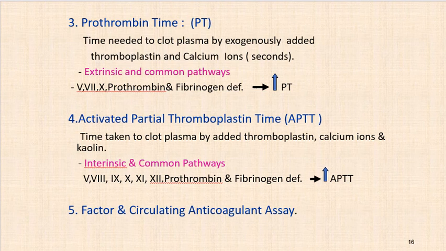We stop clotting of blood, and then we spin this blood in the test tube, and in this way the red cells and the others settle down in the bottom, and over it the supernatant is a fluid which we call plasma. The coagulation tests are done on this plasma, and the time needed to clot this plasma by exogenously added thromboplastin and calcium ions.